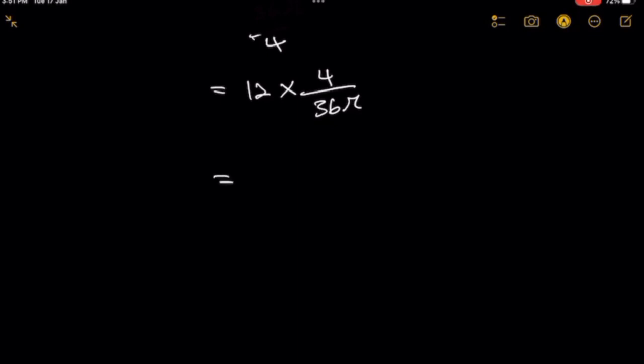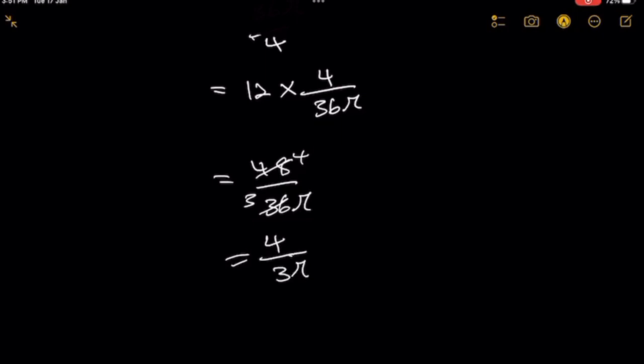From the equation we can get 48 over 36 pi. We can simplify it again and get 4 over 3 pi.